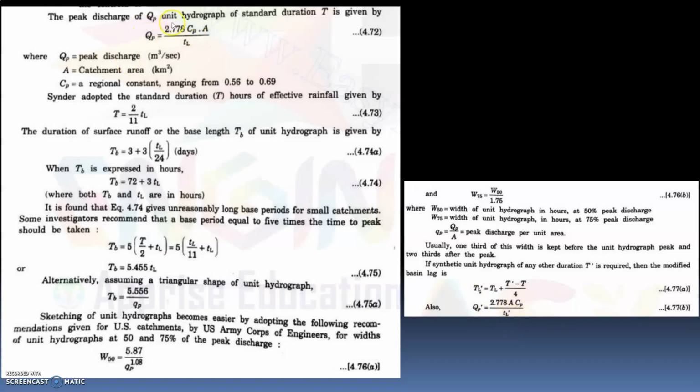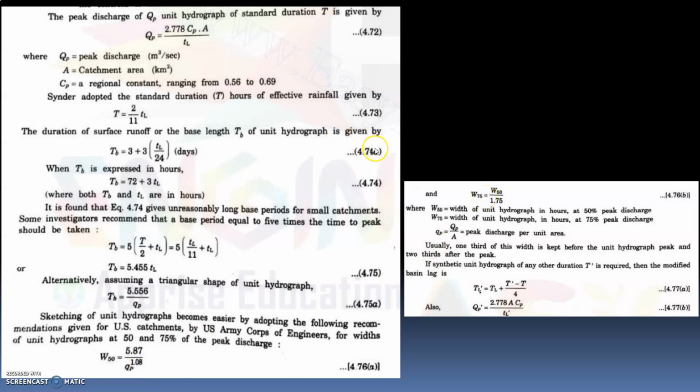The same formula is used to calculate the peak discharge. So this is about synthetic unit hydrograph. You just remember all these formulas and what the assumptions are. The main thing you have to remember is the discharge formula, QP is equal to 2.778 CP into A divided by TL, and what W50 and W75 are.